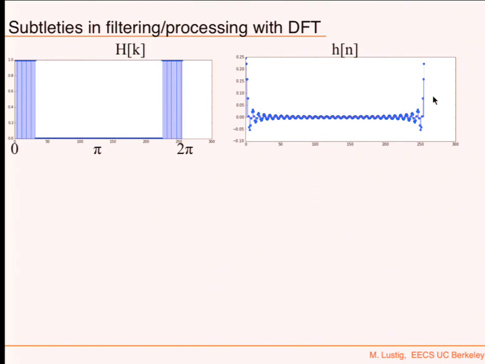Now the question is: is this the right low-pass filter that I'm interested in? So what is the DTFT of this impulse response? Is it something that looks like a square?